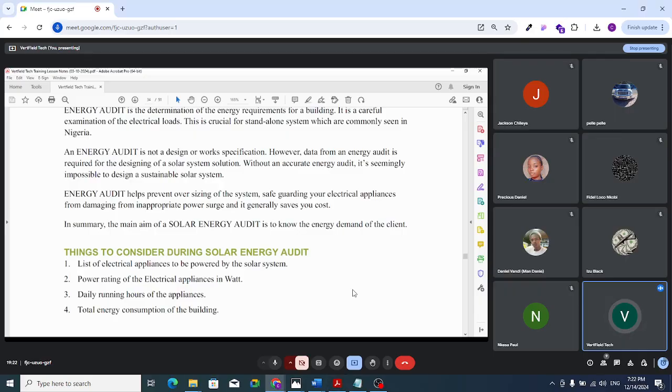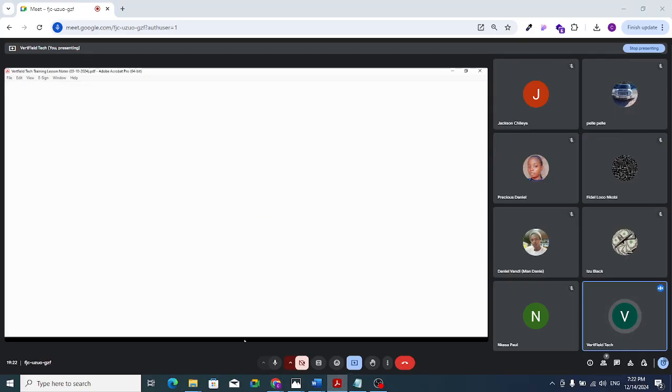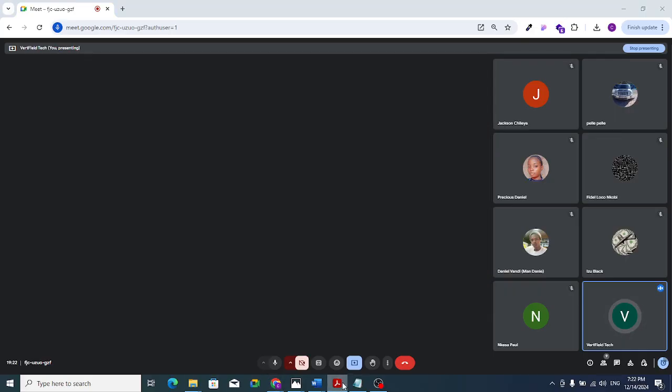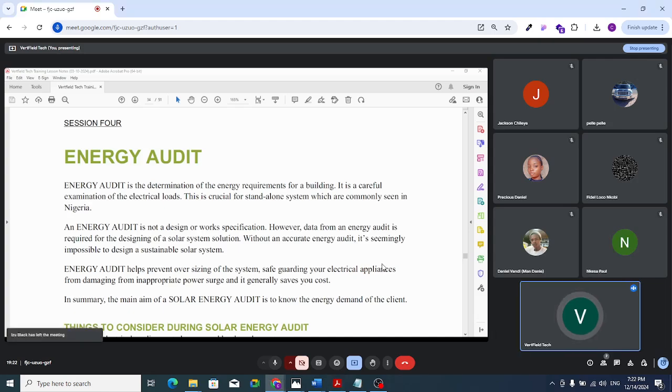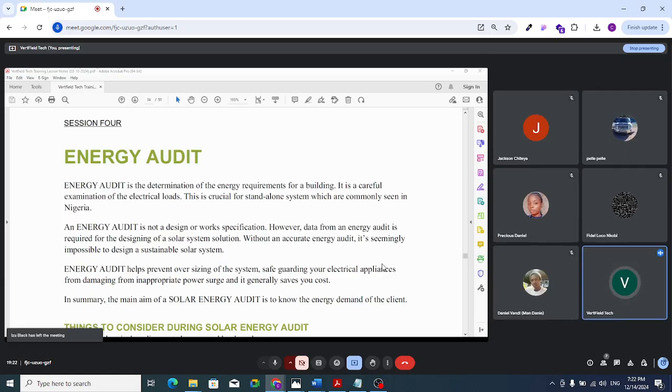So in as much as this course is on energy audit, this class is also on system design. We are not forgetting the very important part of a solar power system. What is that part? Safety as it concerns solar power systems. That is a very vital part of solar power systems.